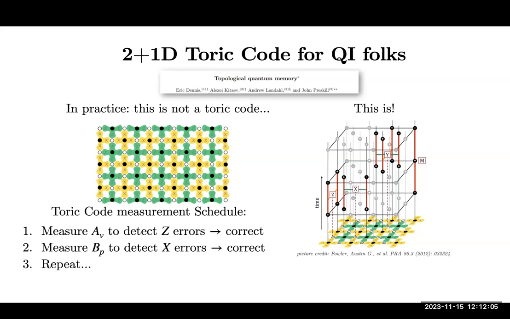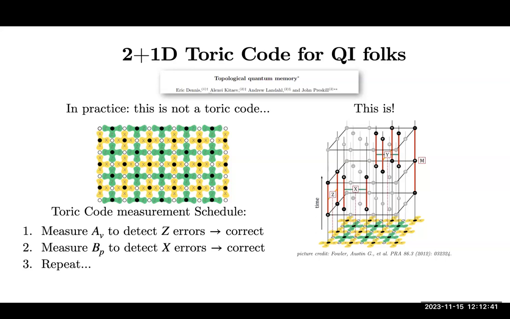So you have to constantly measure these operators. For example, you can measure all the X operators at the vertex terms at the same time, use that to detect any Z errors in your system and then correct them. Then in the next round, you measure all the plaquettes at the same time and use that to detect the other errors. You have to repeat this detection and correction to ensure that your quantum memory is intact.